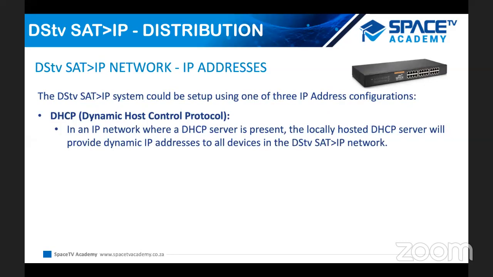In other words, every device, every time you plug a decoder in, every server you plug in, even if you plug your computer in to try and monitor or configure the network, the DHCP server will assign an IP address automatically to that device. So that's the first option and probably the best option, but you do need an external DHCP server.